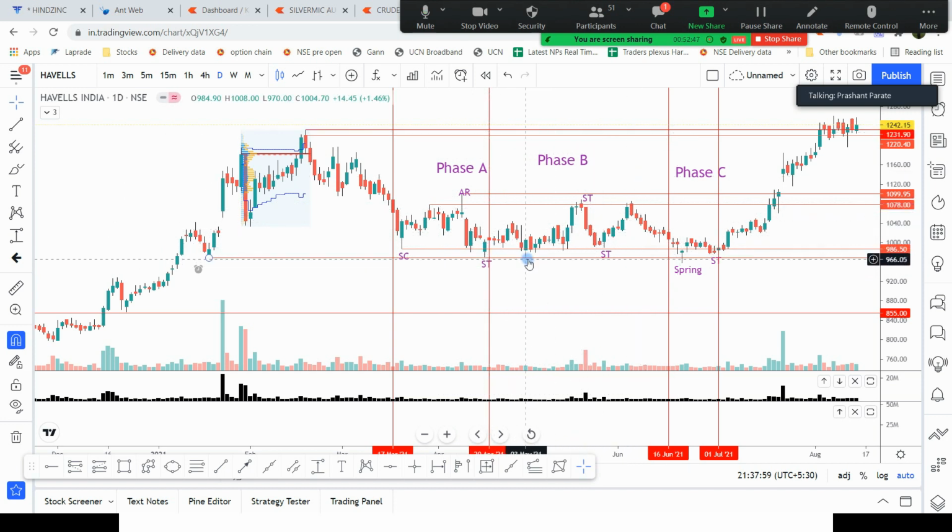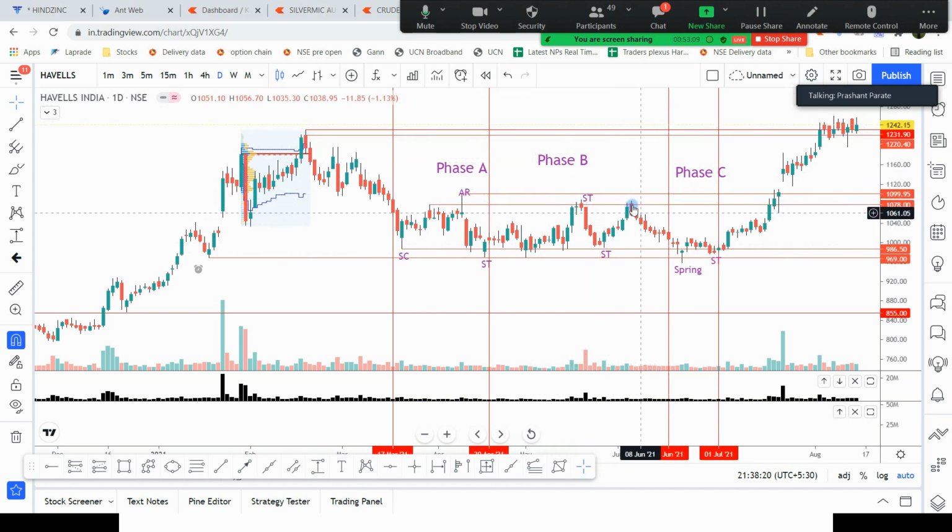So here is a higher high, here is a low, here is a higher low, and again a higher low. So there are two higher lows, and one higher high formed here. They will see that prices should go up because it is trending upward, and they think prices should break this level and go up.